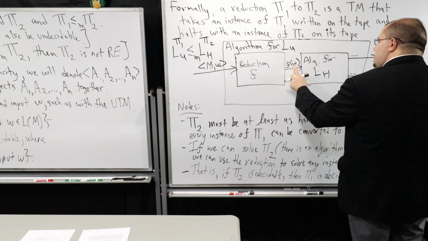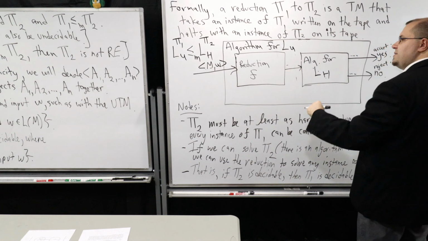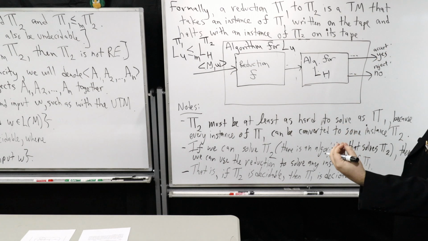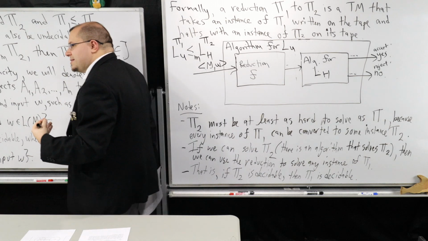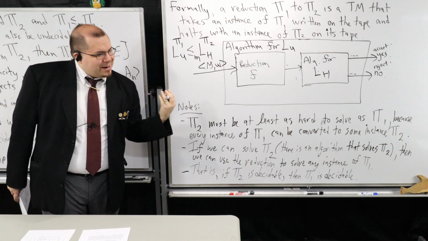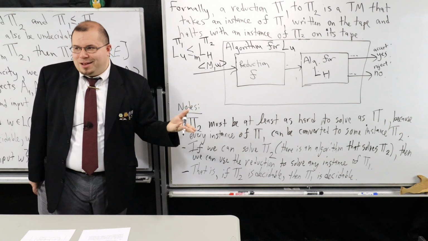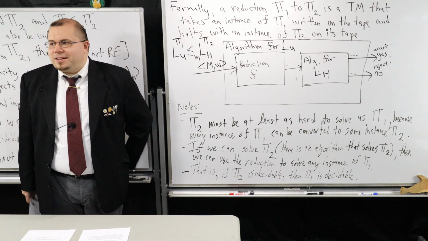What we would like is to produce a reduction, this reduction F. What is the input for the halting problem again? Can somebody tell me? What is going to be on the tape for the halting problem? What's it encoding?